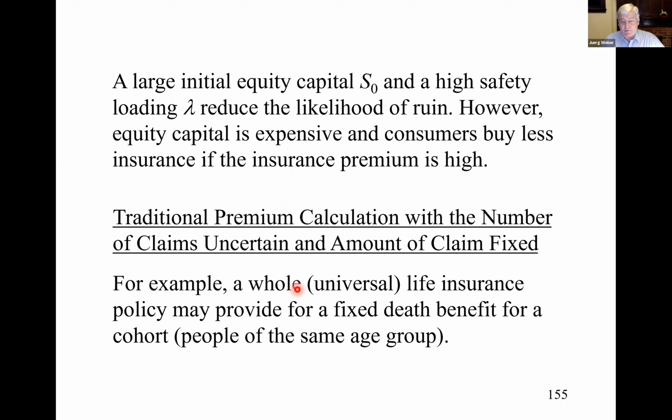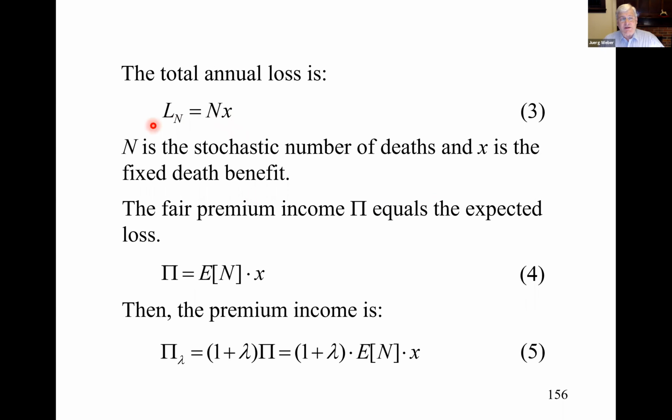It's a technical term, universal or whole life insurance policy. It's a term that's used in the insurance literature. So that's the total losses, the death benefit times the stochastic number of people who die. You take the expectation, so you have now the expected fair premium income, and you could plug this in.